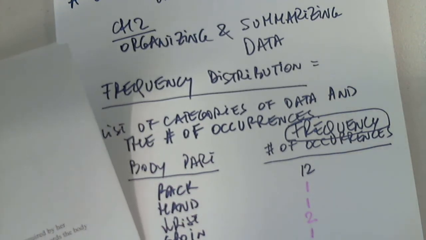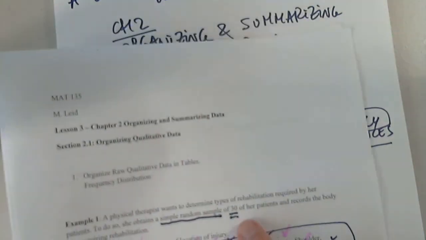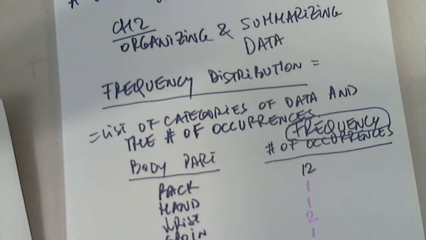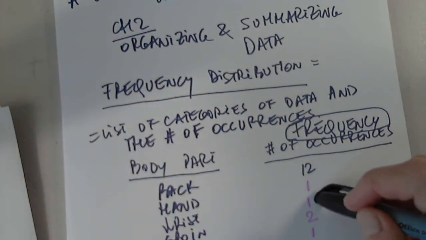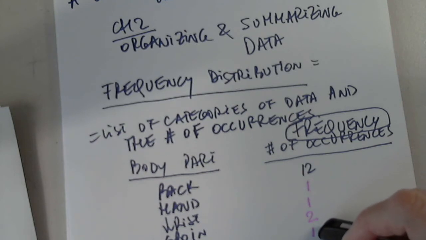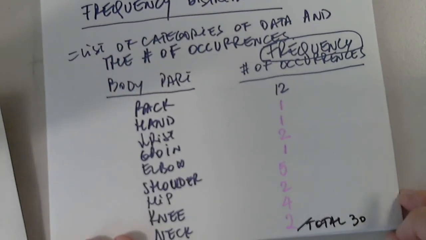Is that it? Now let's add them up. Let's see if they are 30, just to make sure. So 12, 13, 14, 15, 20, 24, and 26. 24 plus 6. Yes, indeed, total 30.